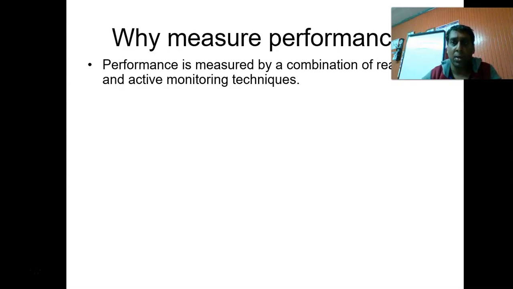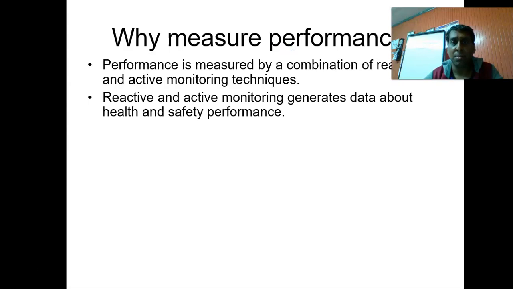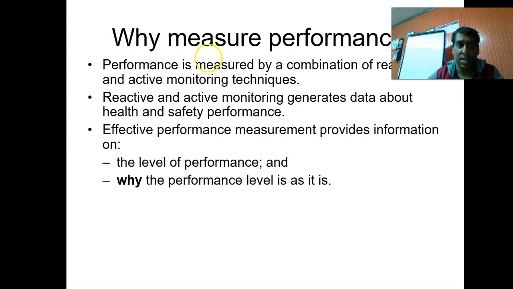Reactive monitoring generates data about health and safety performance. So just to give you the idea, if you measure your performance on a weekly basis, and of course companies will do that on a monthly basis as well, it will let them know what the level of performance is and why the performance level is as it is.